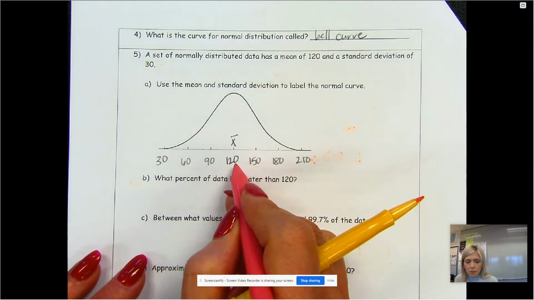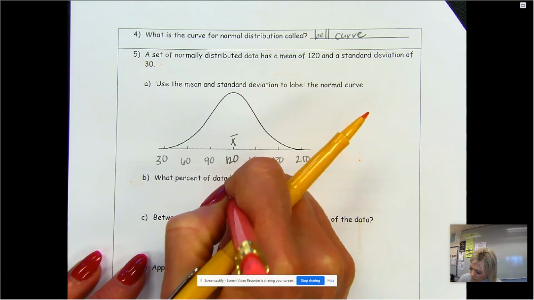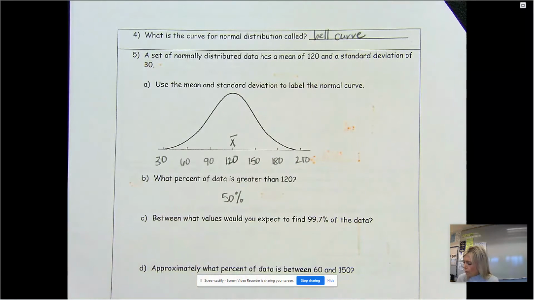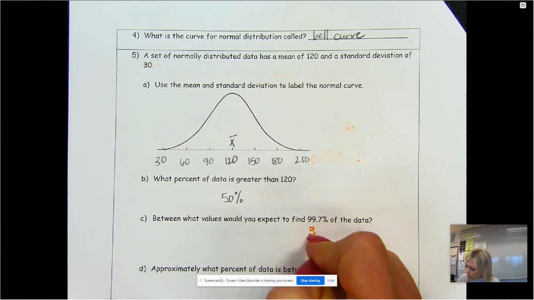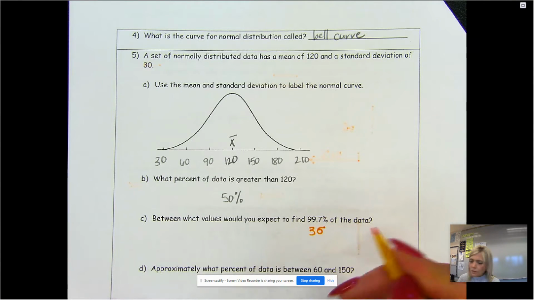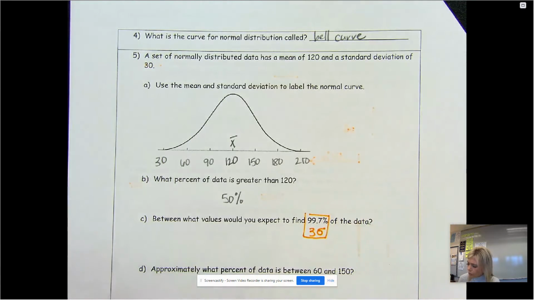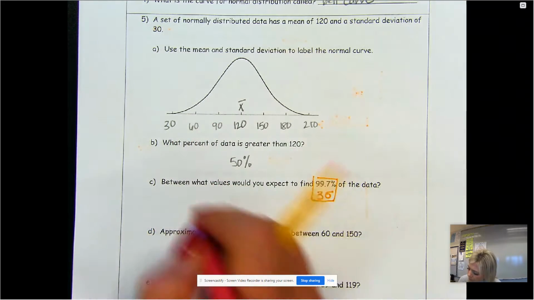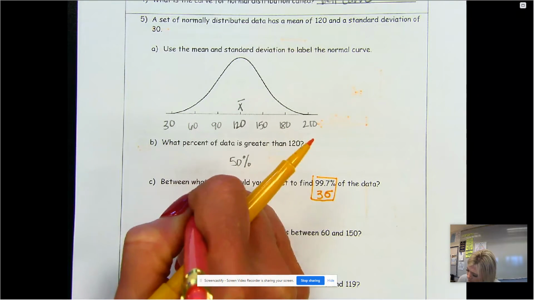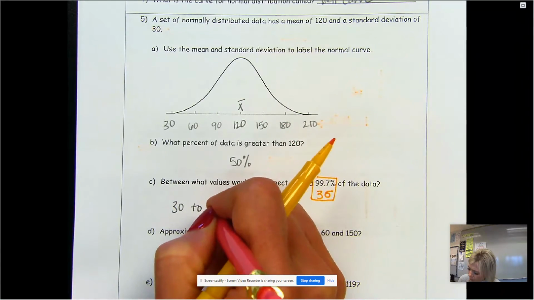Well, 120 is the mean, so greater than that is half the data, or 50%. Between what values would you expect to find 99.7% of the data? This is going to be within 3 standard deviations. So 3 standard deviations below the mean is 30, and 3 standard deviations above the mean is 210.